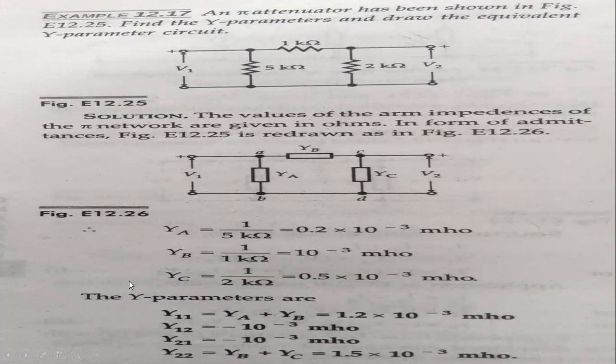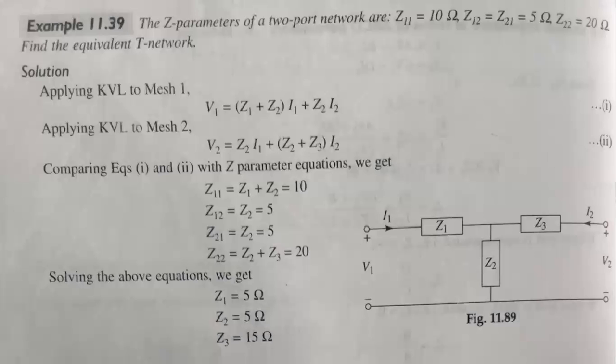Later on, you just substitute all the values in the form. Y11 is YA plus YB. Y12 and Y21 are the middle part, which is nothing but the 1K. And the last is Y22, which is nothing but YB and YC. In this way, you can simplify this section.